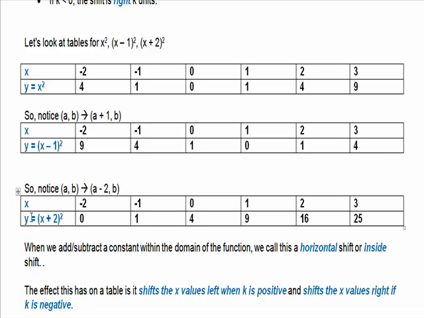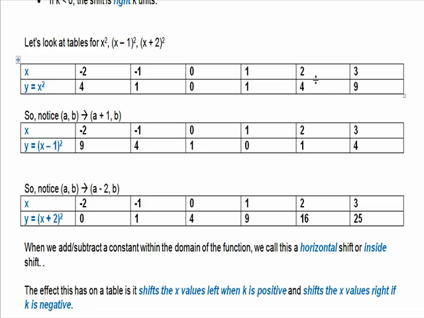Notice if I look at y equals x plus 2 squared, that's the shift to the left. So notice if I shift to the left, what happens? Again, this is an inside shift. It affects the x's. So if I start with my x as 3, and I shift to the left 2, I get the point (1, 9).